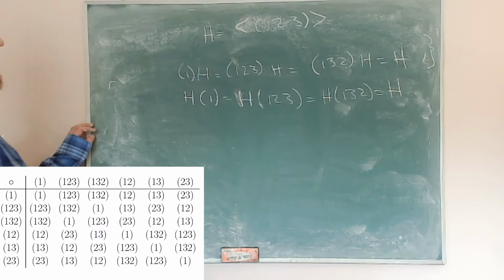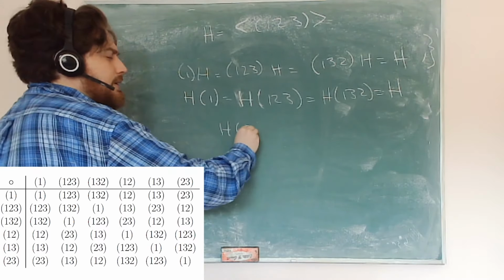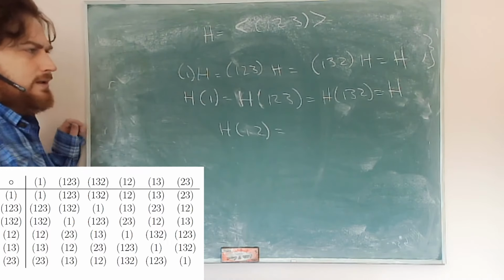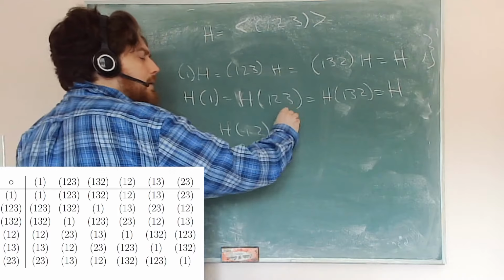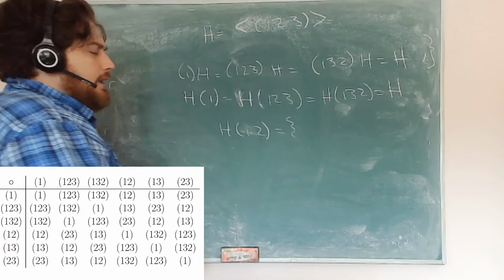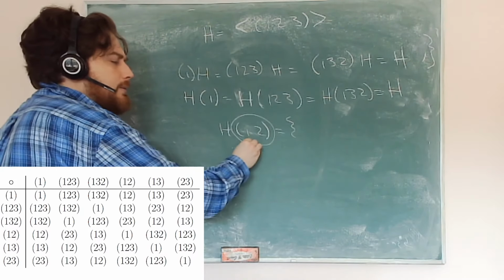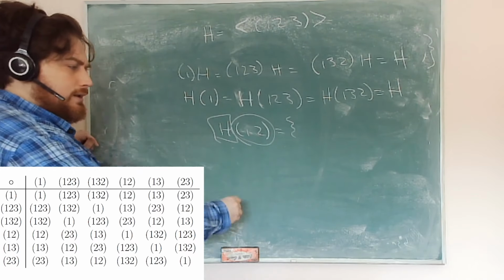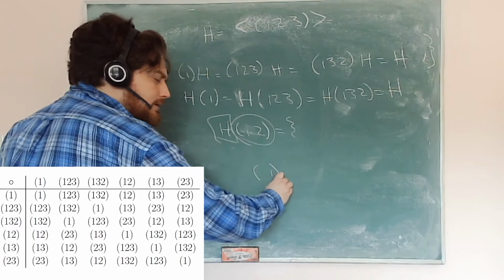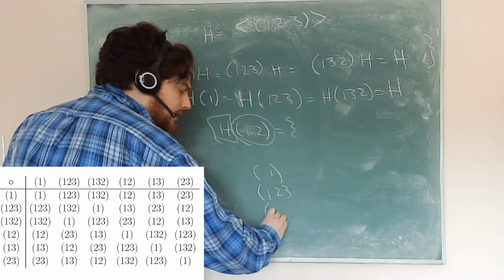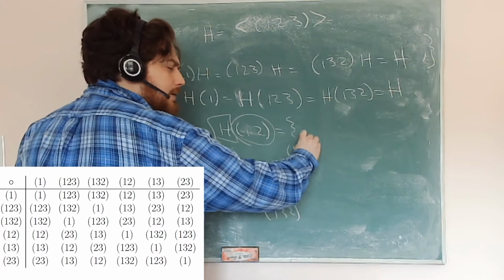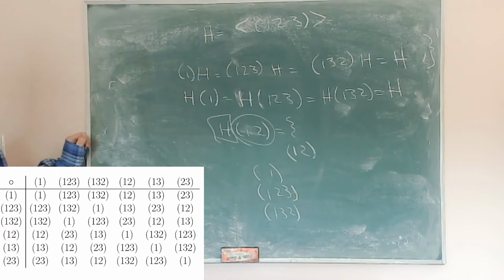I am going to focus, though, on what H(12) looks like. Again, here I'm going to refer to my Cayley table, and what I want is this to be on the right, and I'm going to take all the elements of H on the left. So I'm going to take 1, (123), (132), and look at the column corresponding to (12).